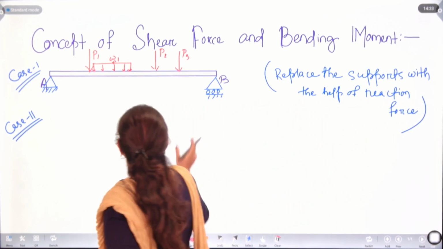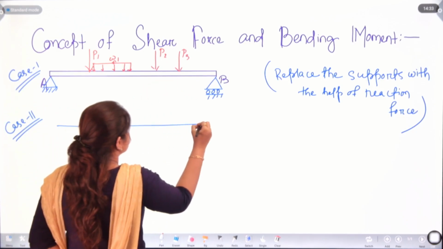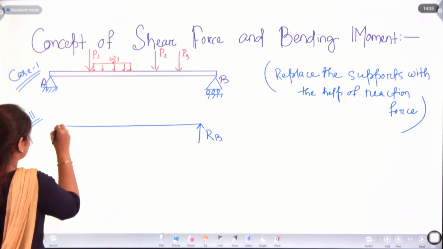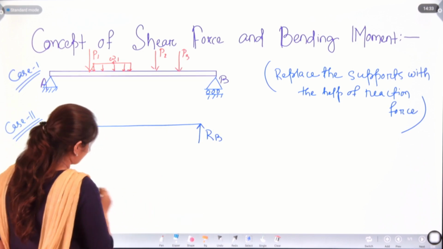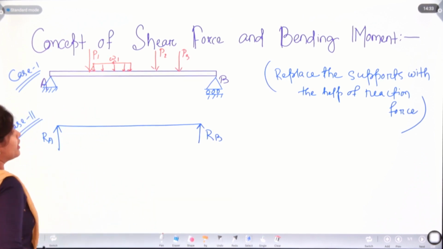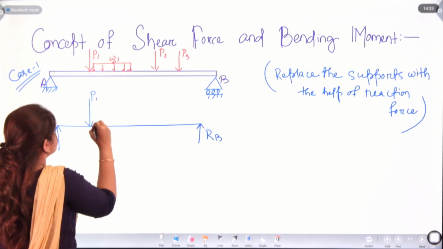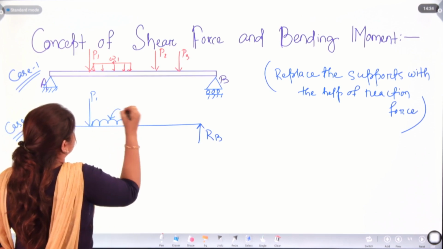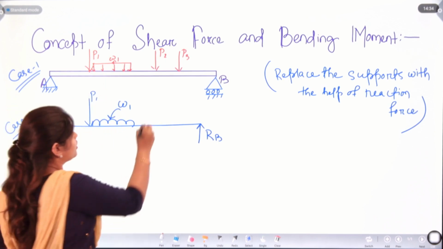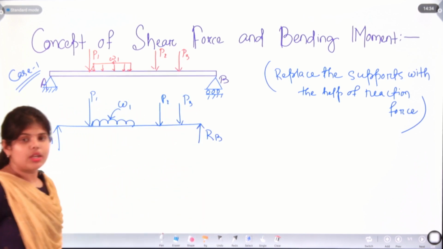Before calculating shear force and bending moment, we need to put reaction forces. Here we take RB, and this we will take as RA: reaction at A and reaction at B. The loads will be the same. If there is a UDL, you can draw it like this. Also P2 and P3.